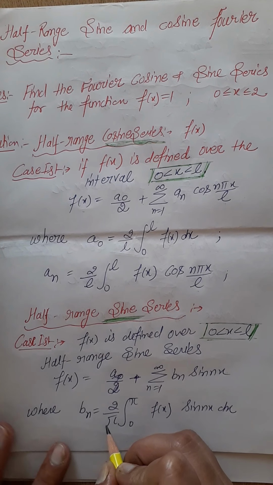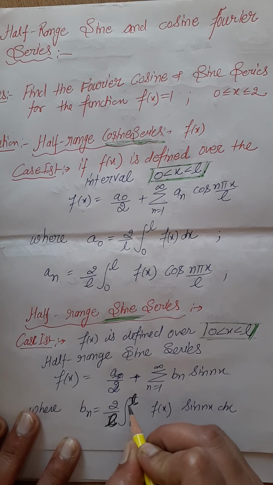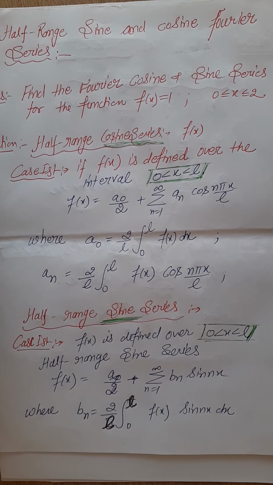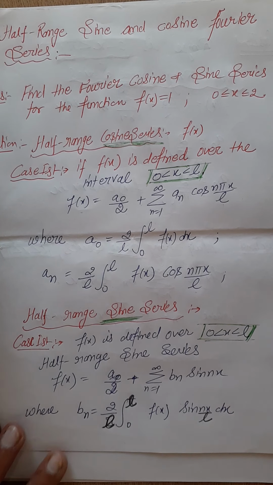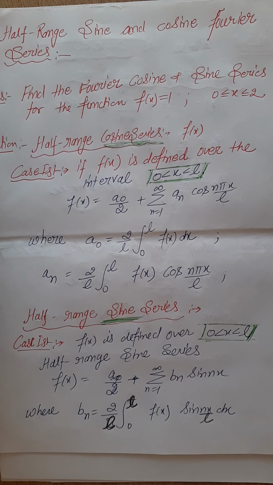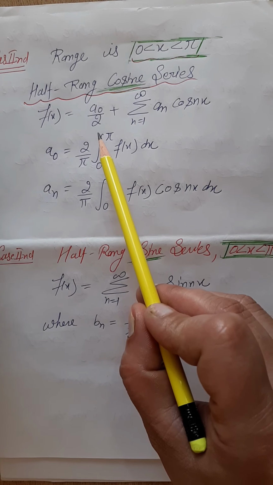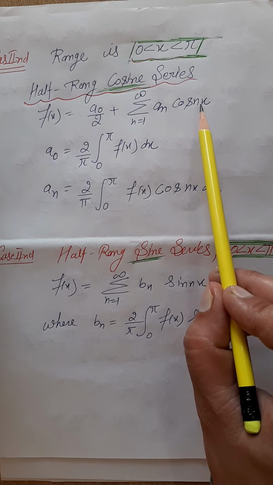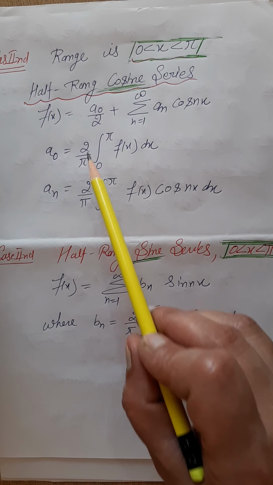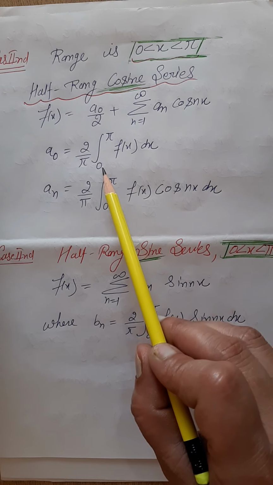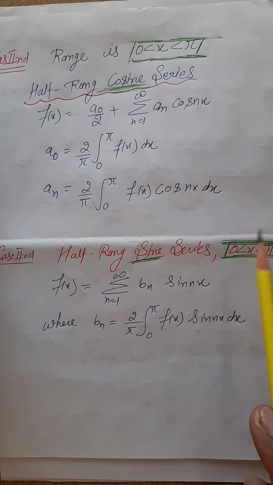Here we use only L, 0 to L. Here L is a constant term and we write sin n pi x upon L. If you want to take pi, then you can see in your second part, if we take the interval 0 to pi, then we write fx is a naught upon 2 plus summation an cos nx, and we write 2 by pi, limit 0 to pi, in the place of L. We write L in our first type and we write pi in our second type.